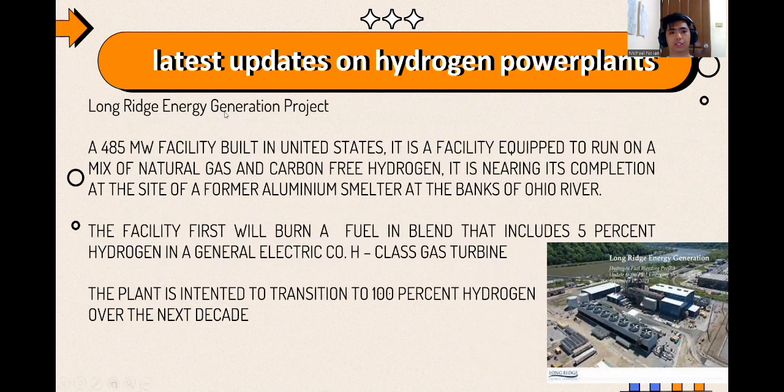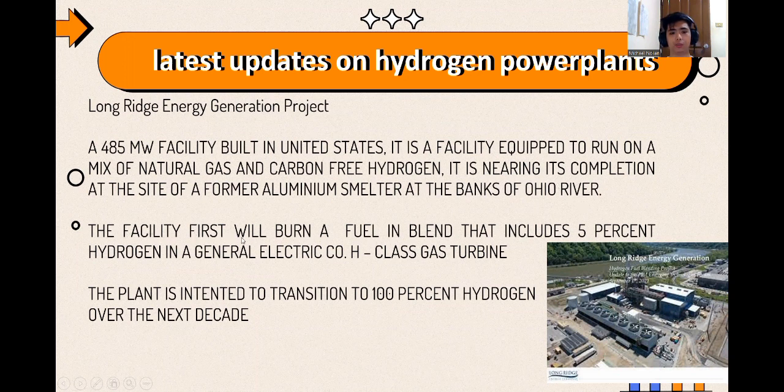Long range energy generation project. A 485 megawatt facility built in United States, Ohio, by the way. It is a facility equipped to run a mix of natural gas and carbon-free hydrogen. It is nearing its completion at the site of a former aluminum smelter at the banks of Ohio River.